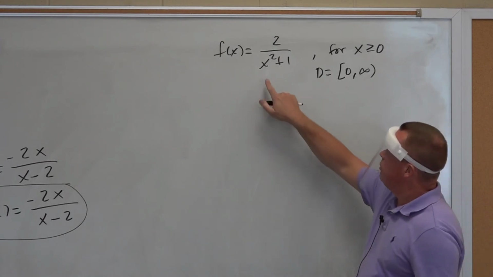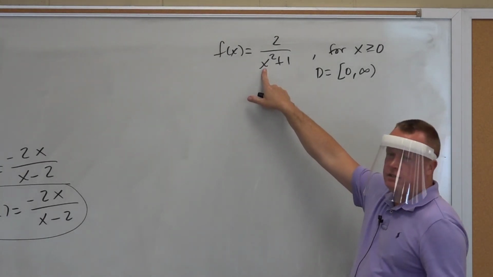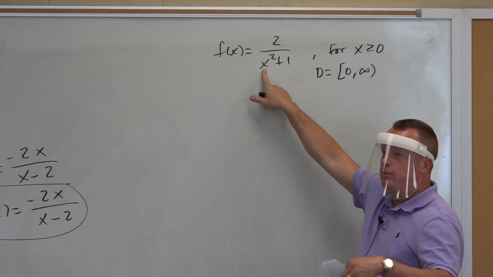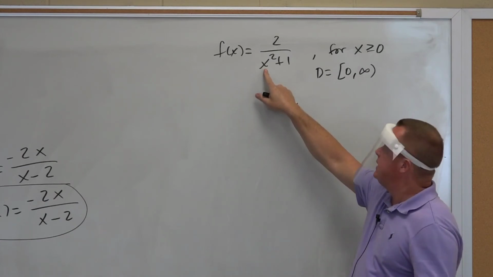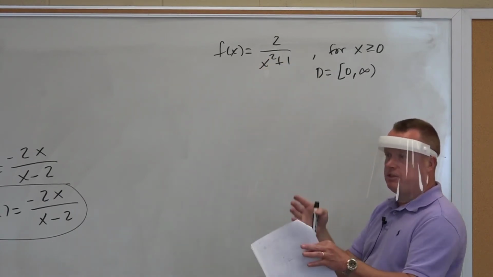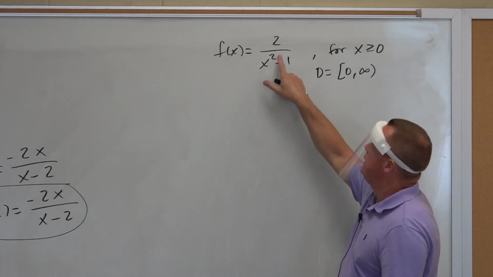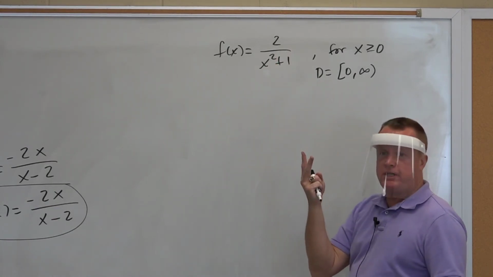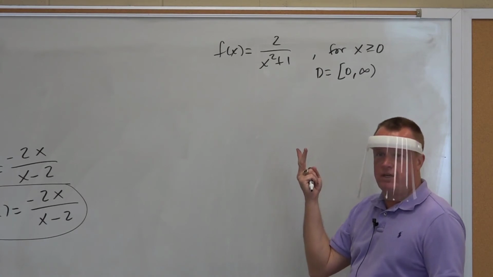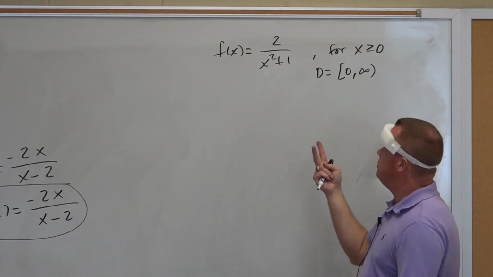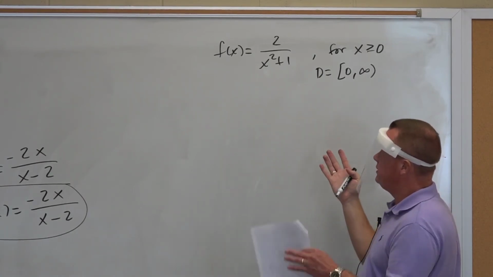Because whatever value I plug in here for x, if I keep plugging in numbers that are bigger and bigger and bigger, that's going to make the denominator smaller, which gives me a smaller fraction. So when x is 0, I get 2 over 1, and 2 is really the biggest thing you can get for any of it, period. All right. So 2 is the biggest value, and everything is going to be smaller than that.